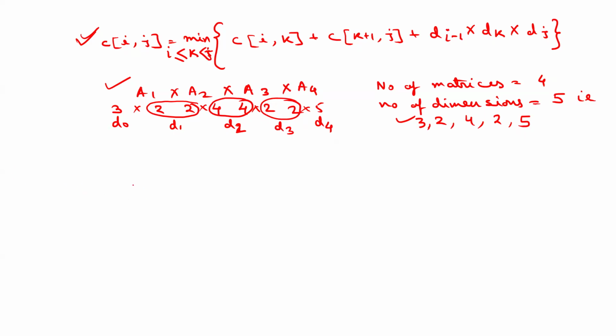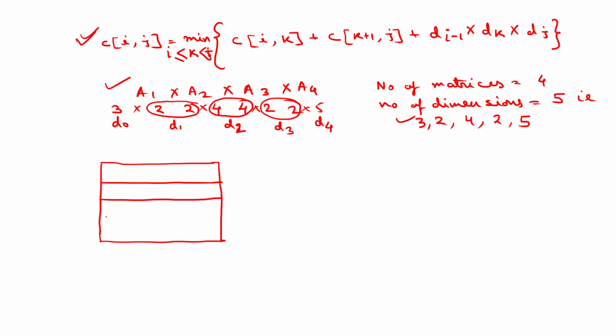Now first we create a table, because this is dynamic programming, and dynamic programming is used to solve overlapping subproblems, where each subproblem is solved only a single time and the result is stored in a table.